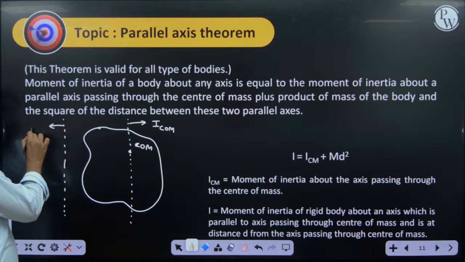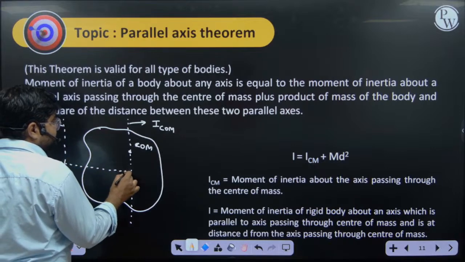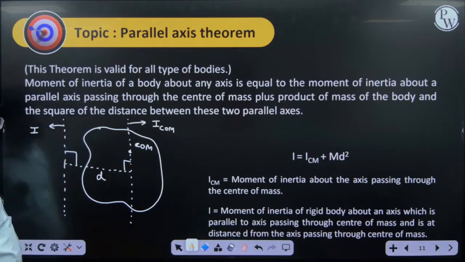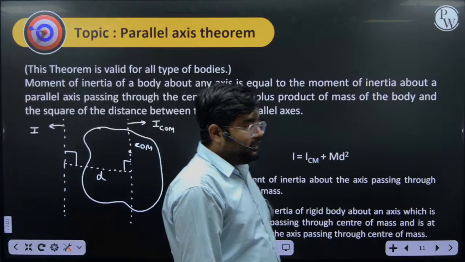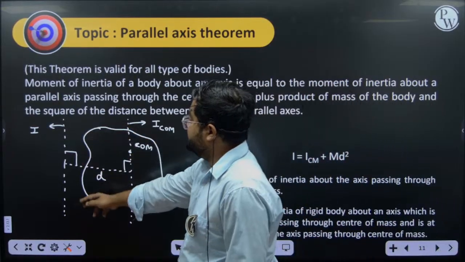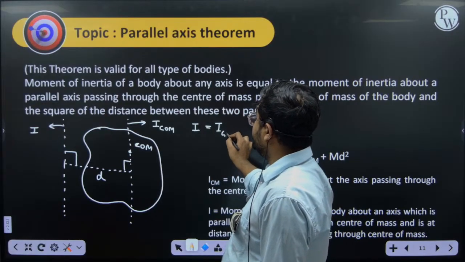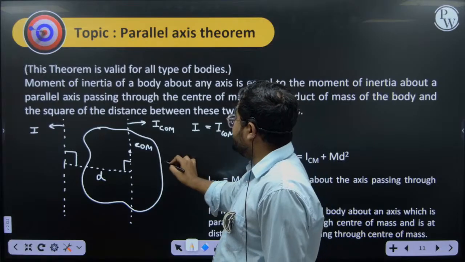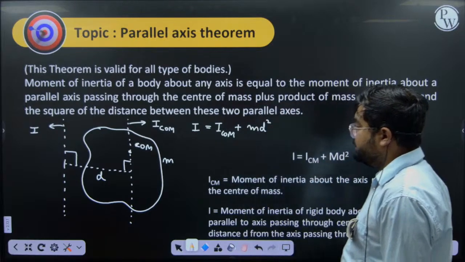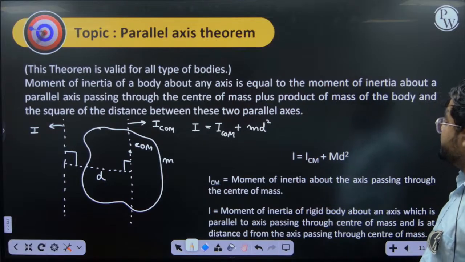Let's say the moment of inertia about this is I, and let's say the perpendicular distance between these two parallel axes is d. So the parallel axis theorem says that I, the moment of inertia about this axis, shall be equal to ICOM, about the center of mass, plus, let's say m is the mass of the body, plus md square. Is that understood? This is the parallel axis theorem. I is equal to ICOM plus md square.